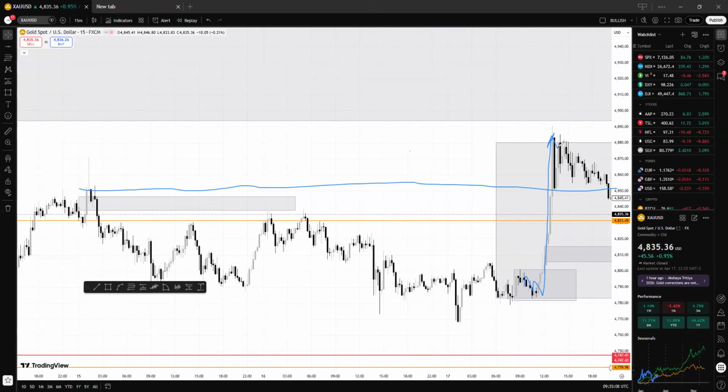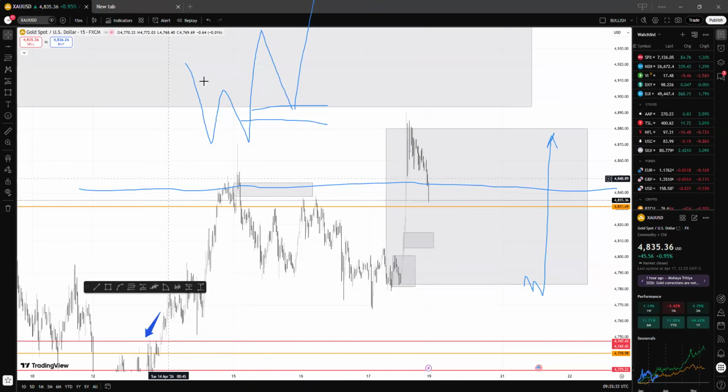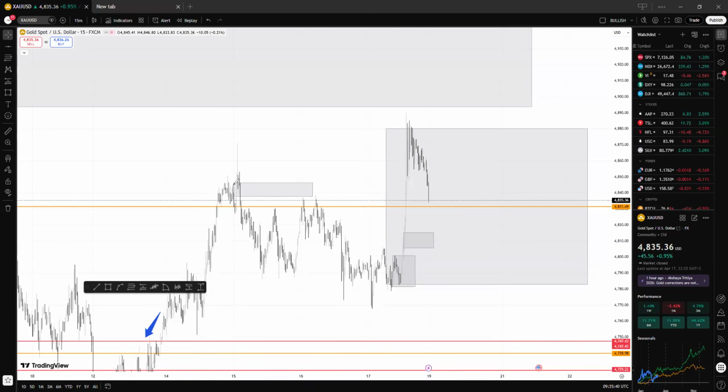But then, wouldn't it make sense to say, if you remember this lesson, I said I want to see price break structure, come give us a retracement, and then react, then go up. Isn't it the same if we say, let me come here and delete all this noise, price came, gave us the break of that structure, retraced, and then shot going up?